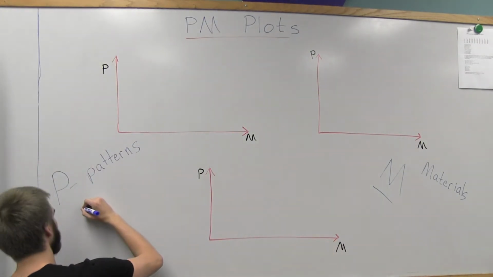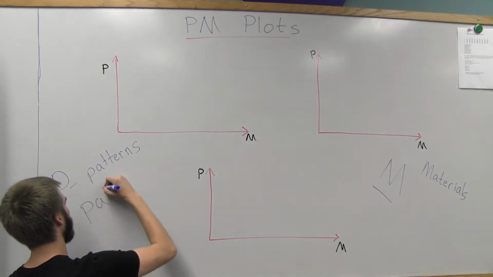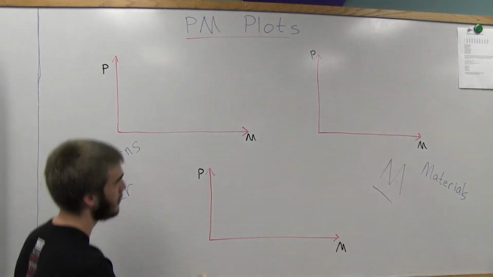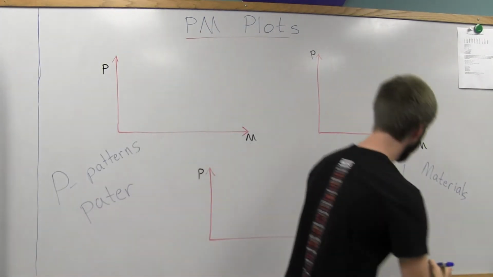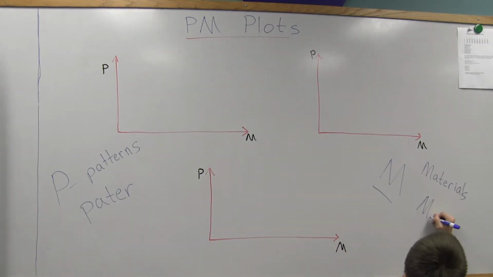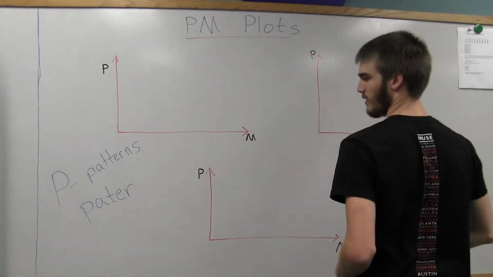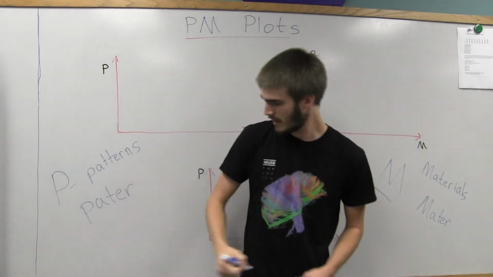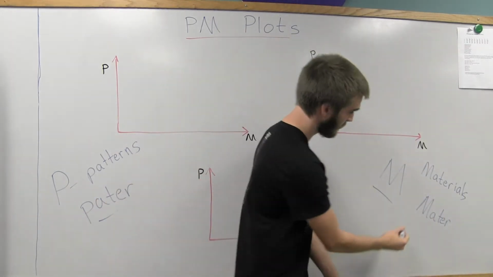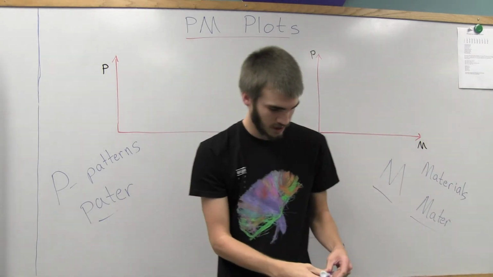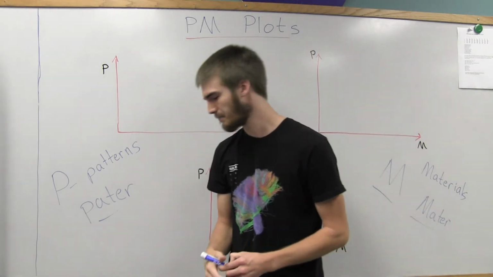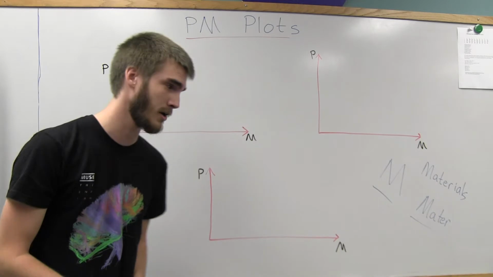Patterns comes from the word pater. Materials comes from the word mater. And if you're quick with words, you've probably already figured out this means father, and this means mother. And in general, most of the phenomena that we're going to look at require a father and a mother.